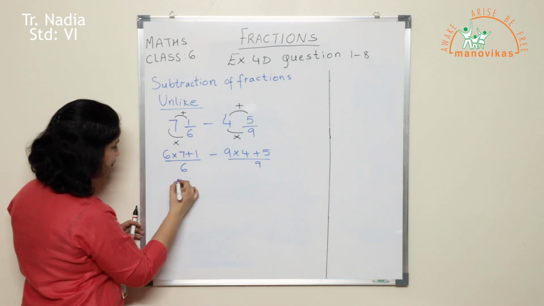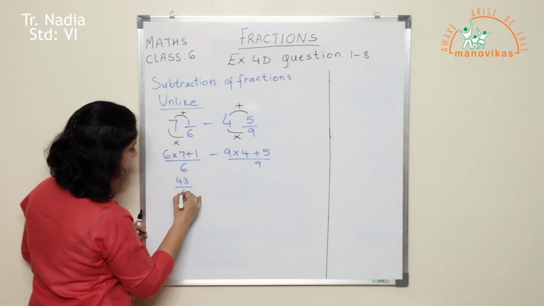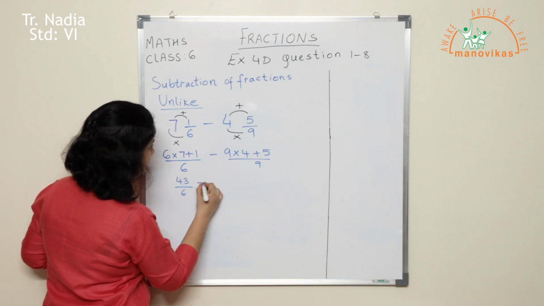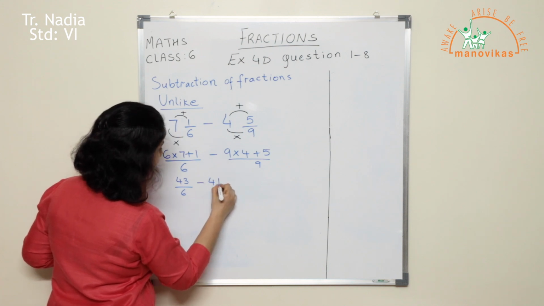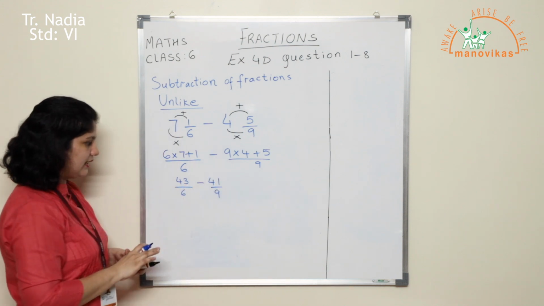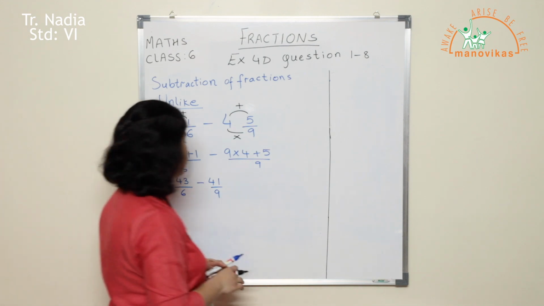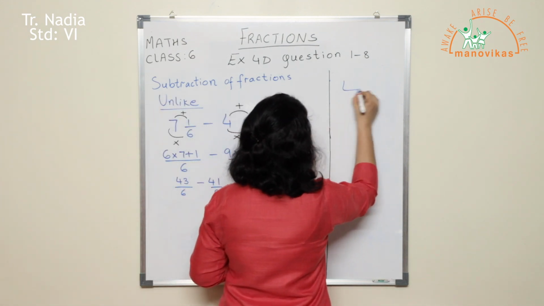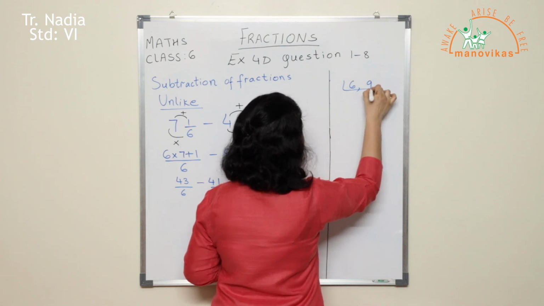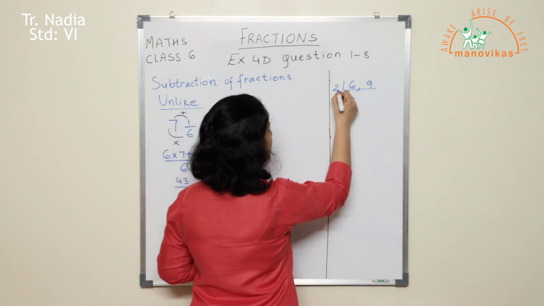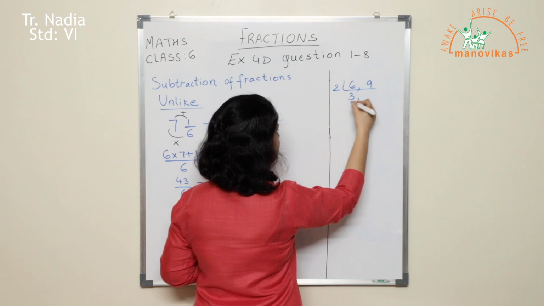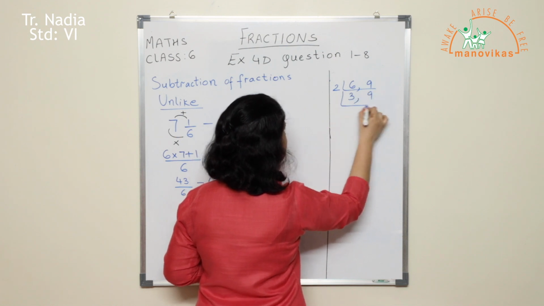So this will become 43 upon 6 and this will become 41 upon 9. Now they are unlike, they have different denominators. So what will you do? Find the LCM of their denominators so that I can make the unlike fractions like. I'll make use of the 2 times table. 2 3s are 6, 9 will come down as it is.